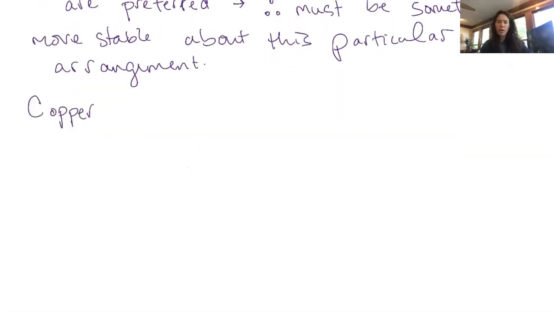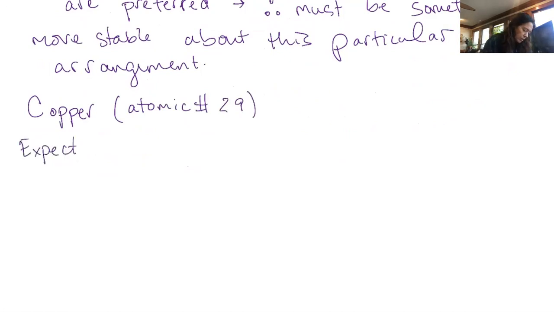Let me look at my periodic table, make sure I'm right. I'm pretty sure it's copper. Oh, no. Okay, yeah, that'll be copper. Copper is atomic number 29, okay? And the expected configuration will be this, and I'm going to bust this out pretty quick.